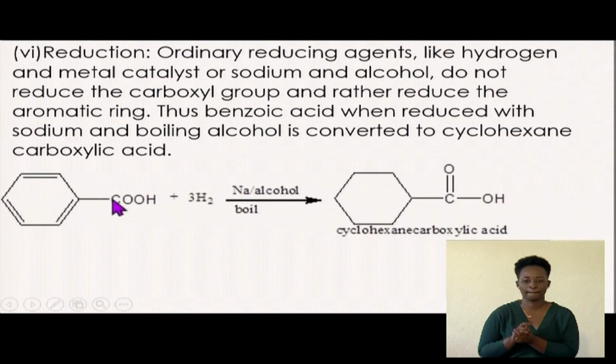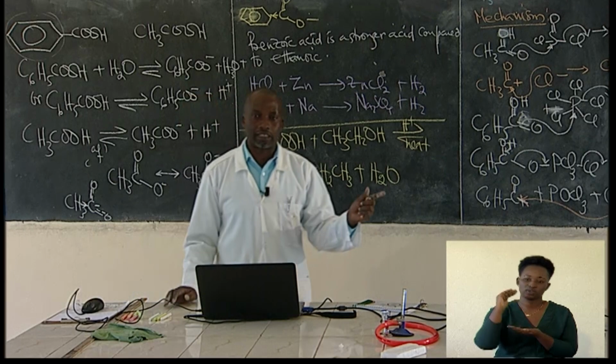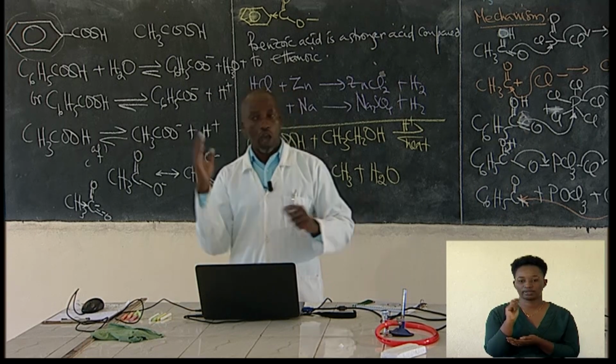Instead, we are looking at the reaction taking place on the side chain. But using hydrogen or sodium in alcohol, the reaction now destroys the benzene ring. The reduction of the carboxylic group doesn't take place. So strong reducing agents are the only ones that reduce aromatic carboxylic acids to alcohol.